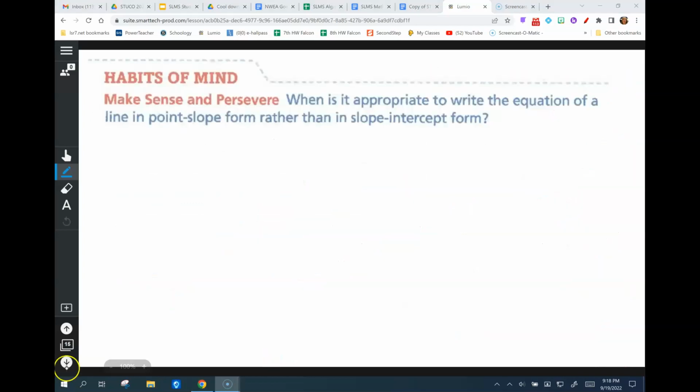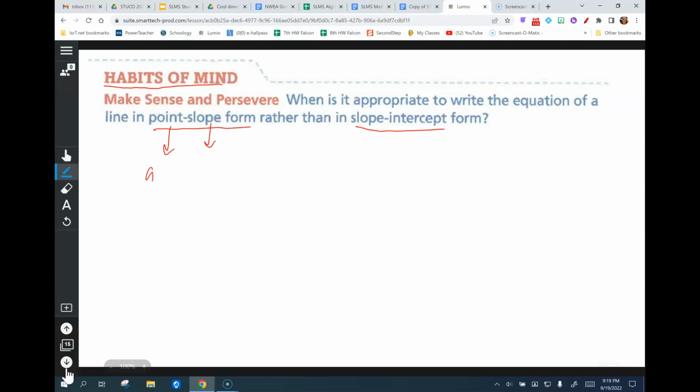Good. These habits of the mind, I'm actually starting to like these a lot because they make us stop and think. Okay, so when is it appropriate to write the equation of a line in point slope rather than in slope intercept? Don't overthink this. If I have a point and I have a slope, I'm going to use point slope form.